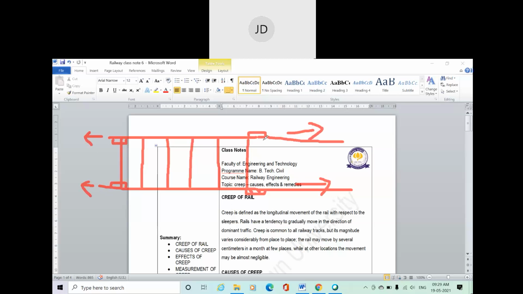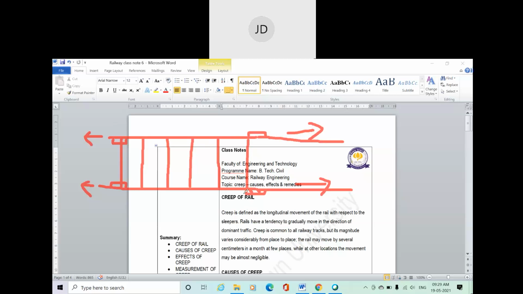We're going to discuss the reasons behind why creep occurs. But first, understand this: creep is the longitudinal movement of the rail, that means in this direction, along the movement of the train, at a very small rate, in the forward direction of the railway movement. This is called creep.